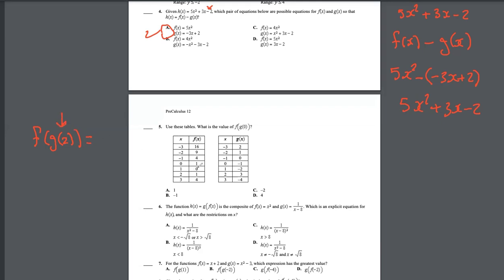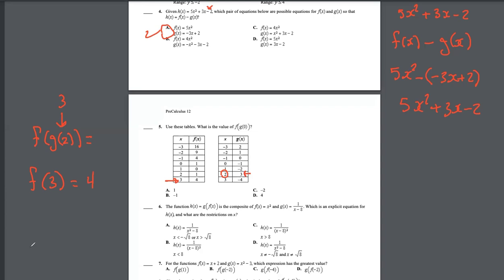For g of 2, you go to the g table, which is here. That means when x is 2, what does y equal? So g of 2 equals 3. So this becomes f of 3. Now for f of 3, you just go to the f table, find where x is 3, and then find what f of x is, and that equals 4. So that's how you do it.